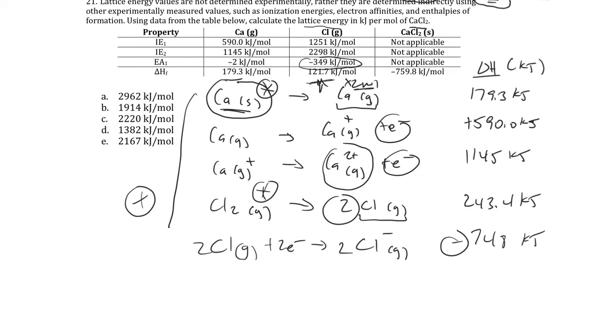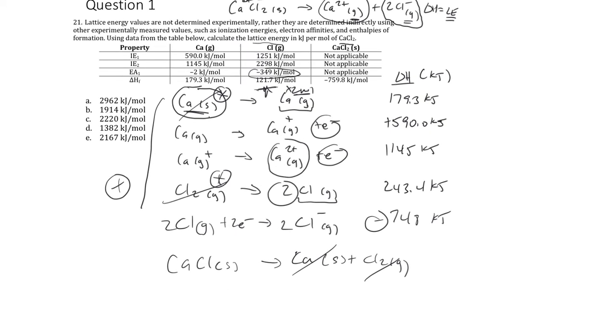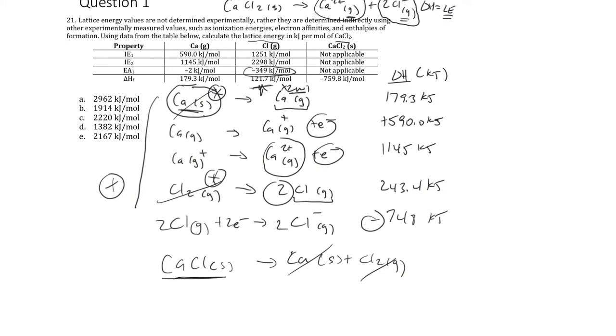Now, there's one last thing I need to do. I need to relate the element energies to calcium chloride solid. This will help me cancel out my calcium solid and my Cl2 gas. This reaction would just be the delta HF of this on the reactant side. So 0 minus the delta HF of calcium chloride, CaCl2.